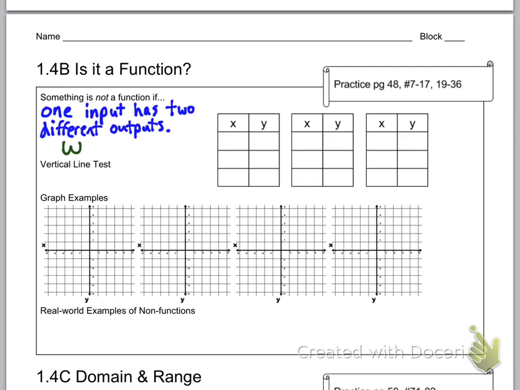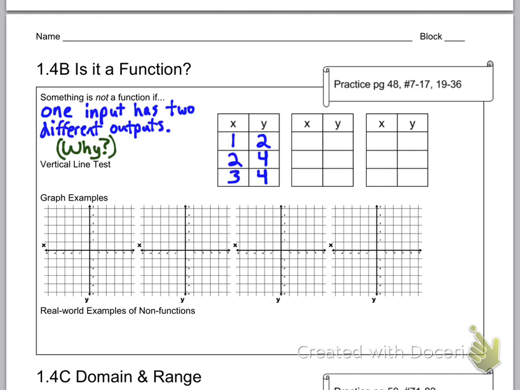We'll talk more about why this is, but something is a function if every input has only one output. Something is not a function if one input has 2 different outputs. If even one of them has 2 different outputs, it is not a function. Like I said, we'll talk about why later, but let me show you this.